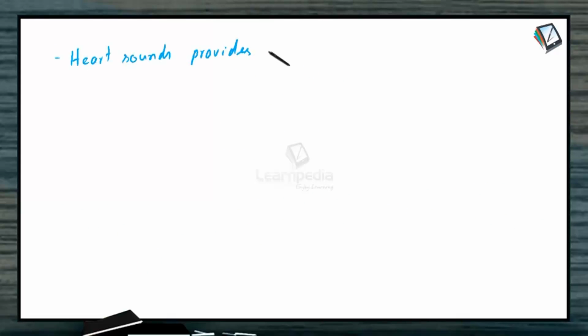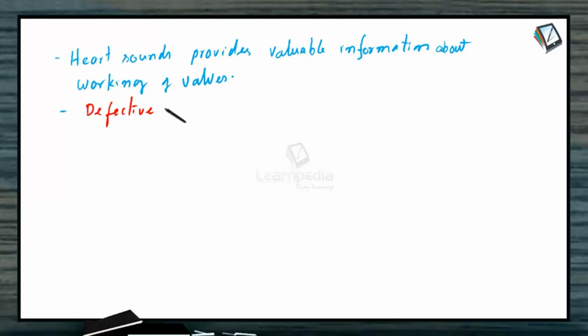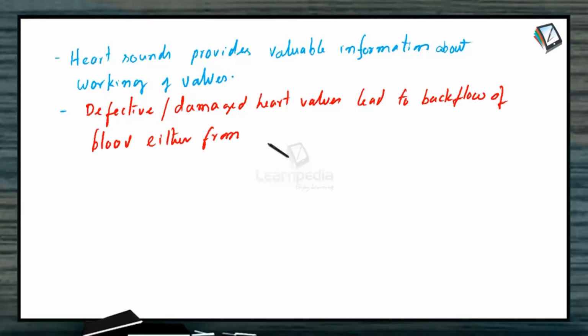Heart sounds provide valuable information about the working of valves. Defective or damaged heart valves lead to backflow of blood either from the ventricles to the atria or from the aorta to the ventricles.